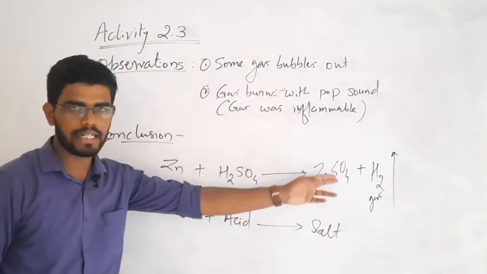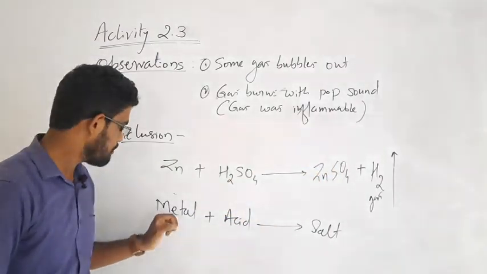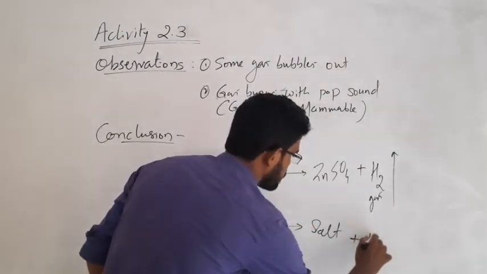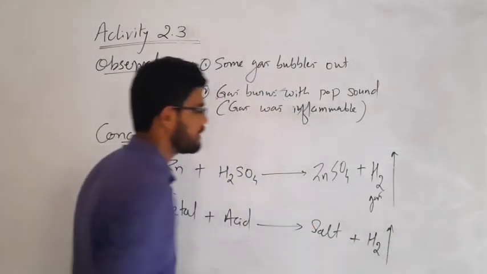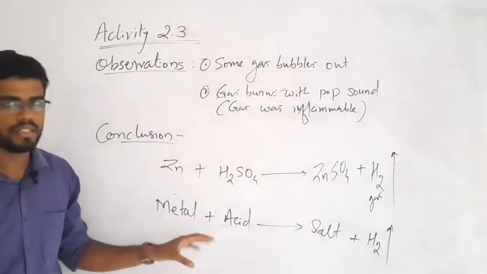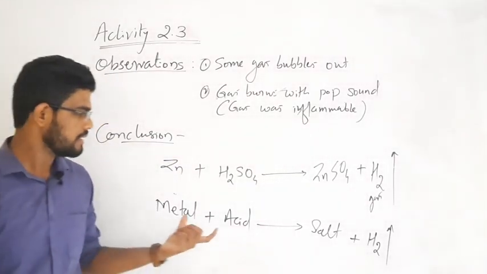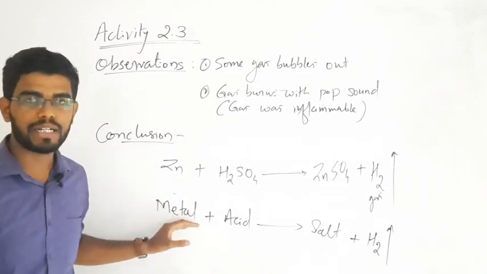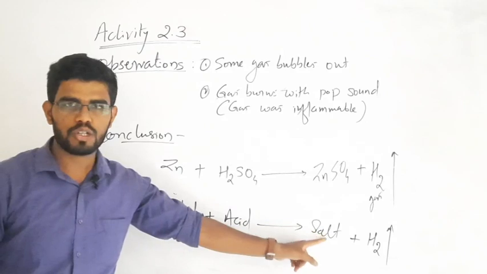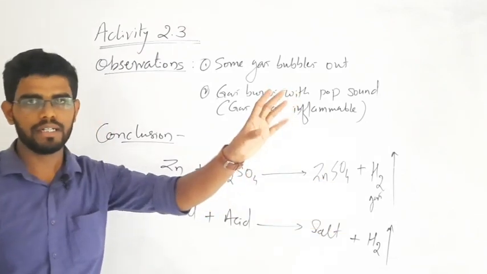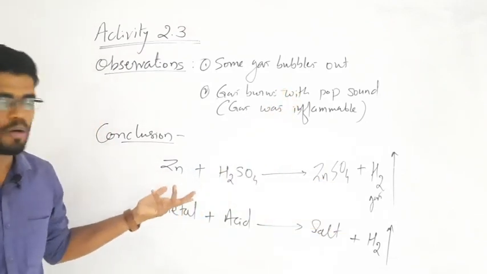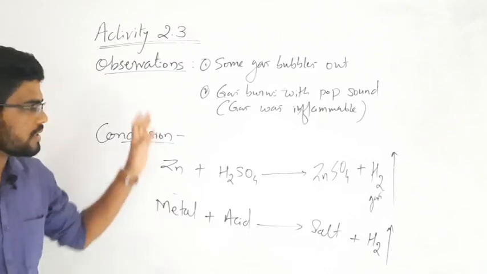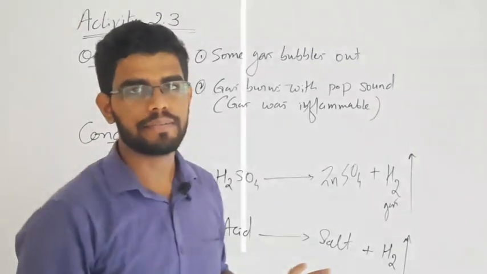Zinc sulfate is a salt, neither acid nor base, right? So whenever metal is reacted with acid, it forms salt, and every time hydrogen gas will be liberated. To show you this, to make you understand this reaction, we had conducted this activity. So just remember, whenever any metal reacts with acid, they form salt and hydrogen gas is liberated. How to remember this reaction? Just remember the pop sound. When did we get it? When I reacted metal with acid. Correct? So that's about activity 2.3.